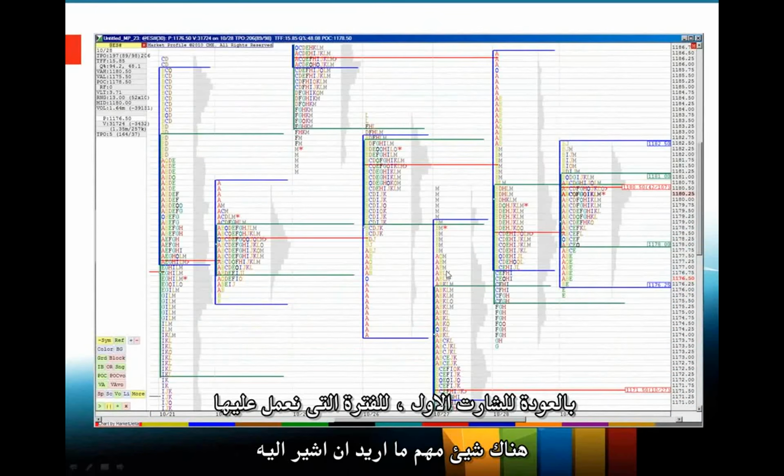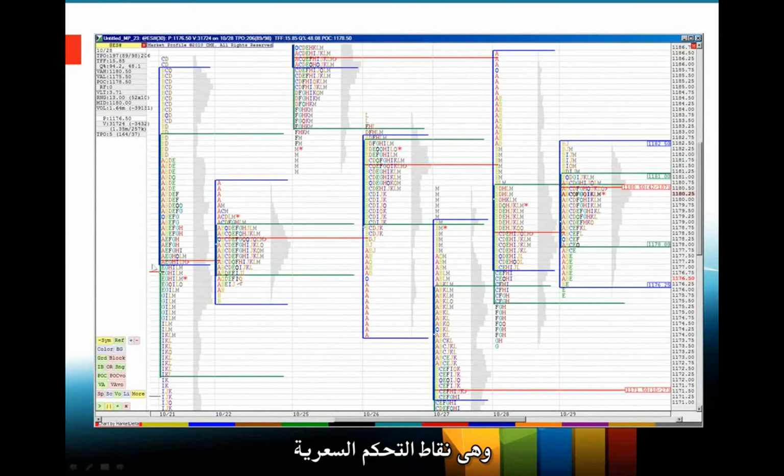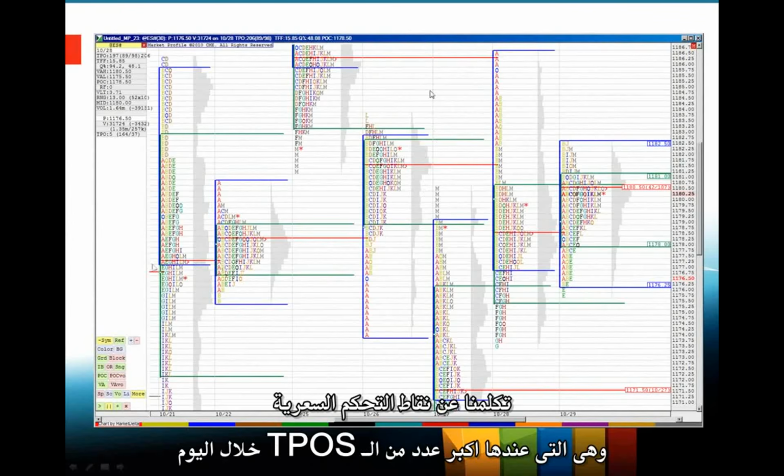Okay, back to our picture of the entire period that we're looking at. One thing I want to highlight that's always very important are my price points of control. We talked about those earlier. These are the points at which we had the highest number of TPOs for each of the days.